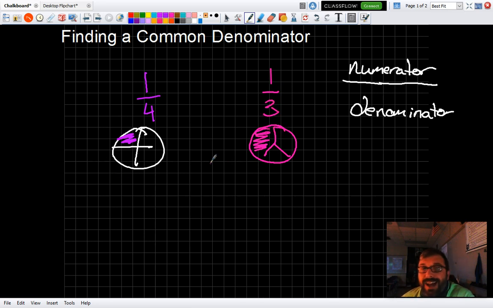If I wanted to add these two pieces together, it's not as simple as just cutting the pieces up. Well, it kind of is. And we could play with the math to make it work to a point where we had all of the pieces lined up. Or we could look at making equivalent fractions.